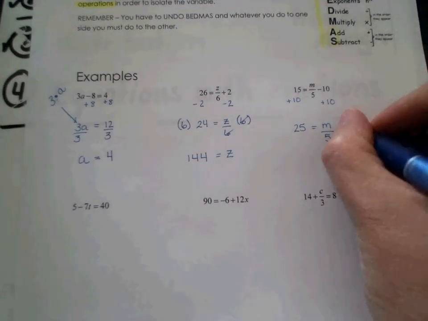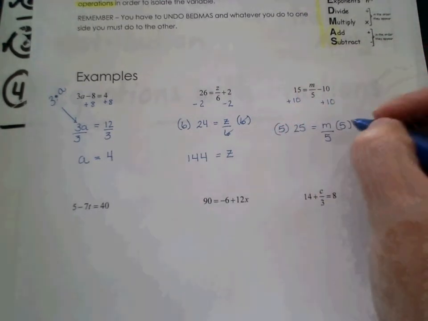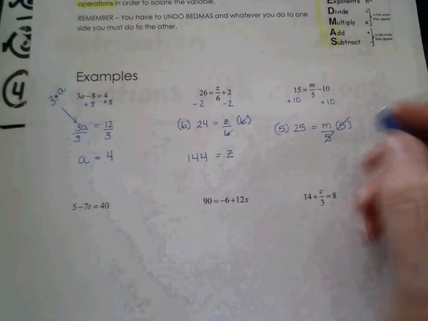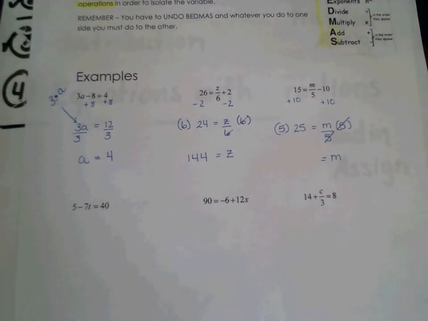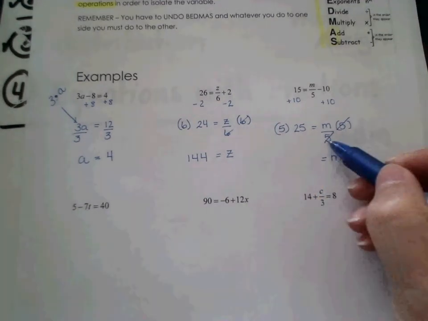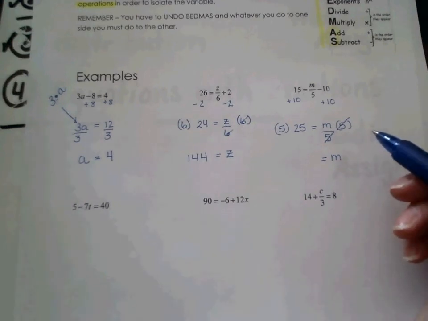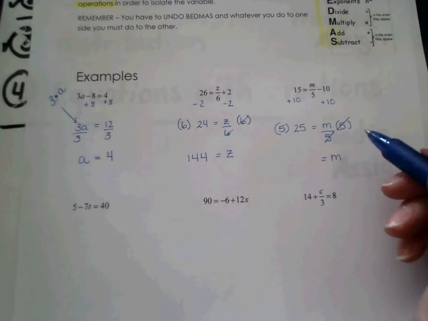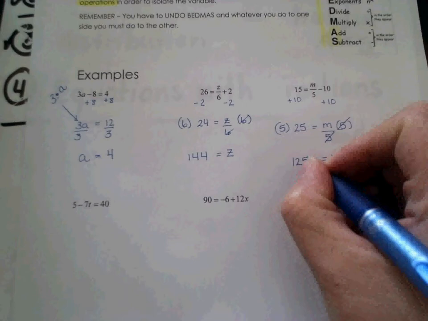So opposite operation to divide is multiply. I have to multiply both sides by 5 because I want to get rid of that. That's the most important thing. So I get a single variable. So I have 1m because 5 divided by 5 is 1, but I'm not going to write the 1. And 5 times 25 is 125.